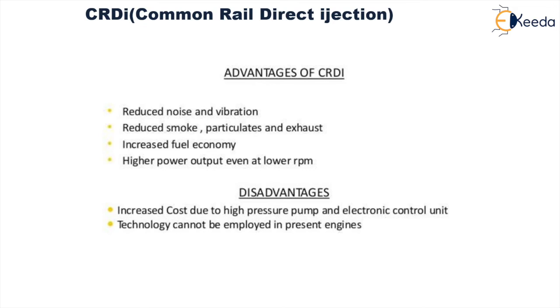To a common rail, to a common head, different injector nozzles are attached and hence noise and vibration are reduced. Similarly, smoke, particulates and exhaust emissions are reduced. Again, the reason being that a metered amount of high pressure fuel is supplied to each individual nozzle as and when required. This further translates into an increase in the fuel economy and also higher power output even when the engine RPMs are low.